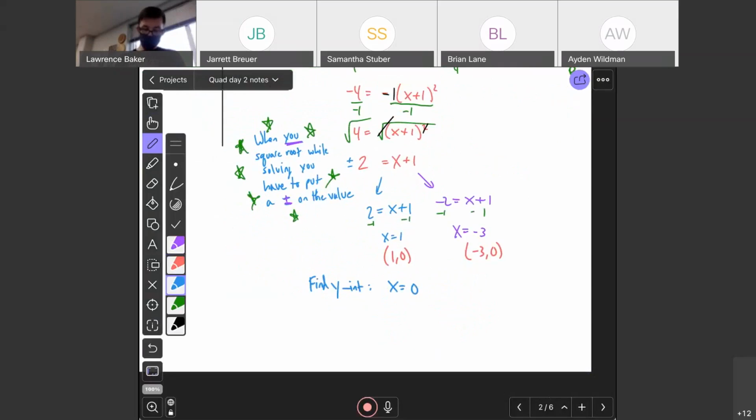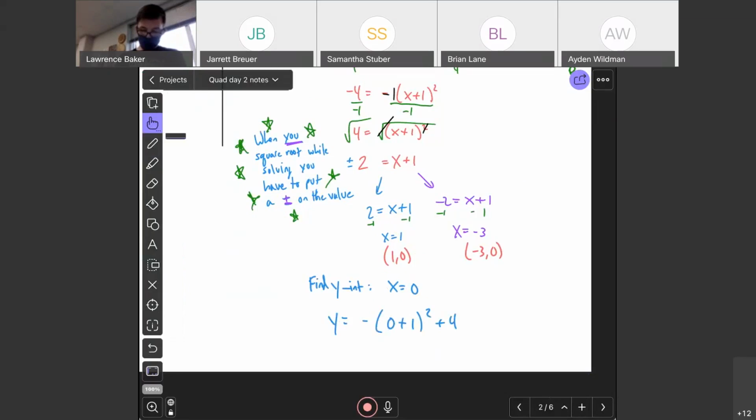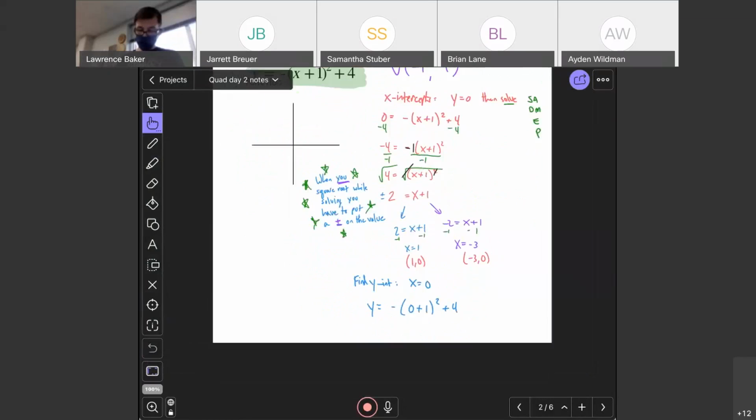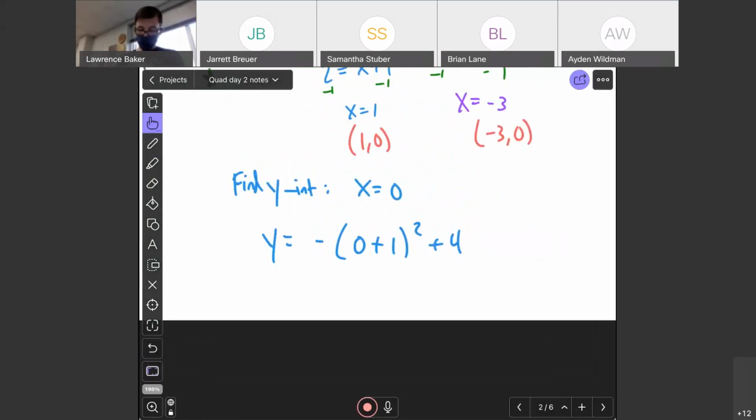So let's say y equals negative (x plus 1) squared plus 4. Is that the problem? All right, I'm just plugging 0 in for x. So 0 for x. Now I don't need to solve this because y is by itself.